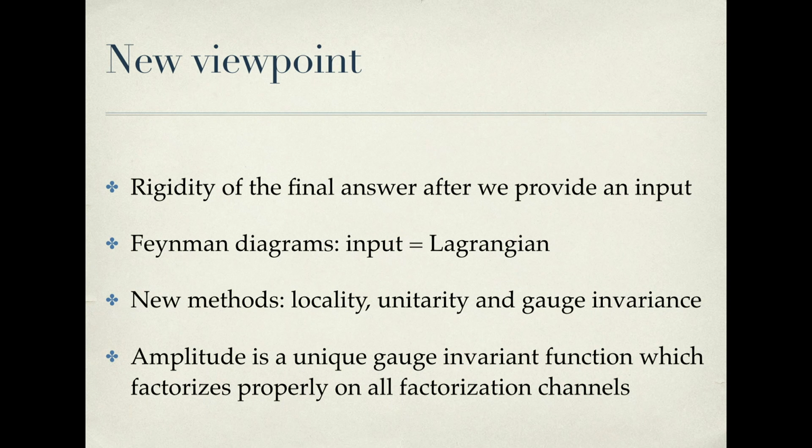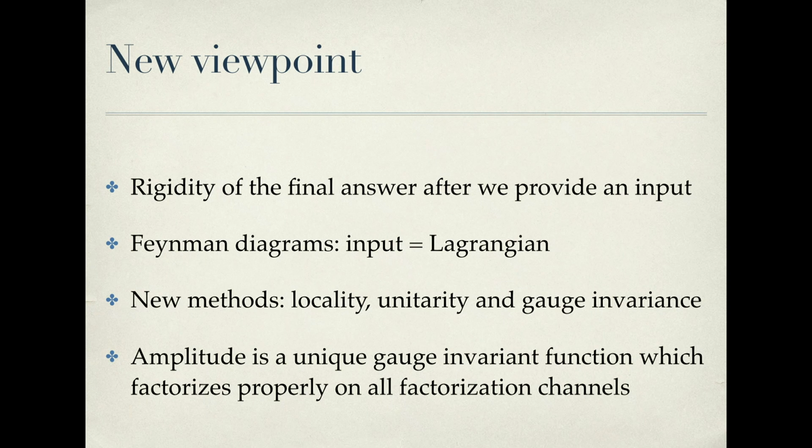Now, the new viewpoint here is that the final answer is completely rigid, it's fixed, after we provide some input. This is kind of already underlying Feynman diagrams and that approach, where the input is Lagrangian. We give Lagrangian, then there is a machinery of Feynman vertices, drawing Feynman diagrams, evaluating them, summing them. So the Lagrangian is an input.